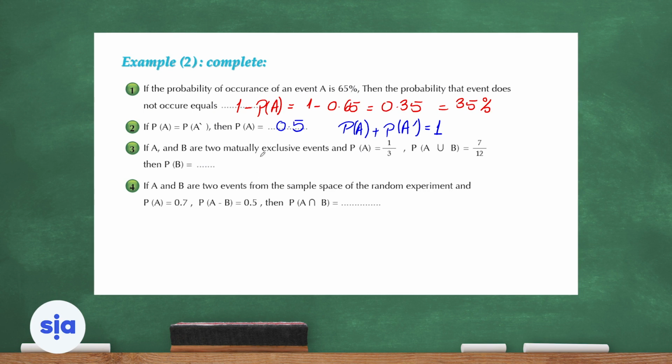Yes, you know that in mutually exclusive events, the probability of A union B equals the probability of A plus the probability of B. So in this case, 7 over 12 equals the probability of A, which is 1/3, plus the probability of B that we're looking for. So the probability of B will be equal to 1 over 4.